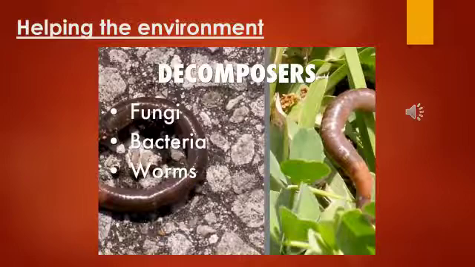So the microorganisms do enrich the soil. Once the living organism has decayed, what happens? It gives rich nutrients to the soil. The remains of that organism enrich the soil with a lot of minerals. These minerals can once again be used by plants and animals.